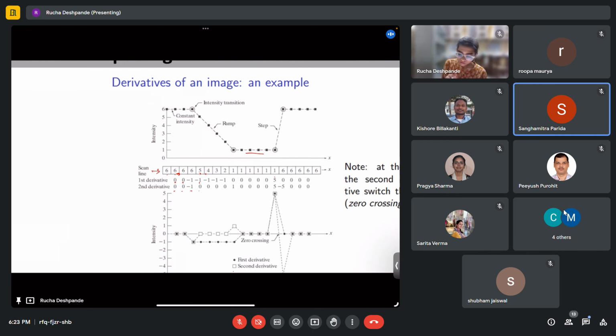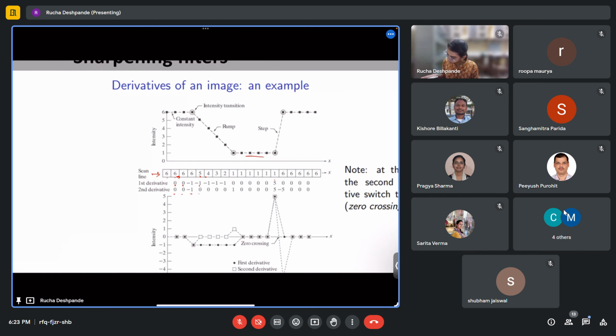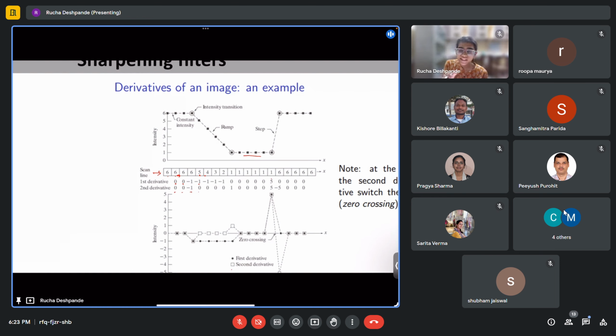Okay, so this is an example of a Laplacian filter, which uses the second order derivative to sharpen the image. We are looking at how this second order derivative will bring change in the intensity levels compared to the original image.